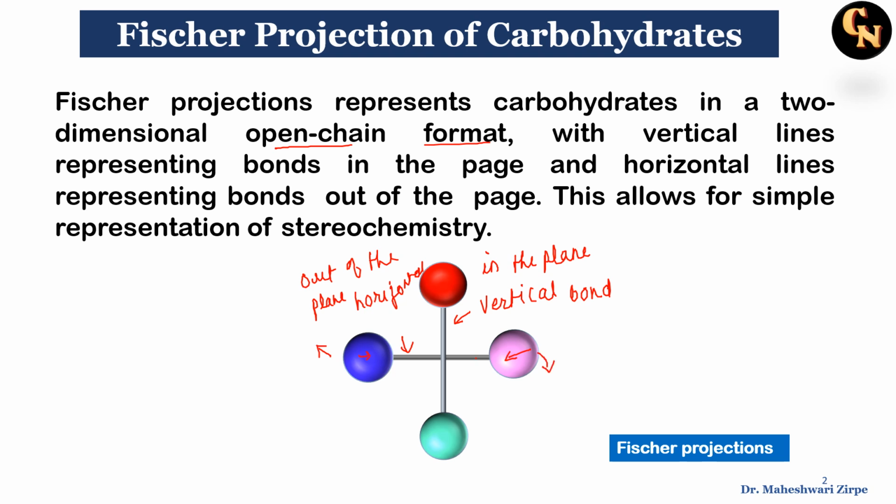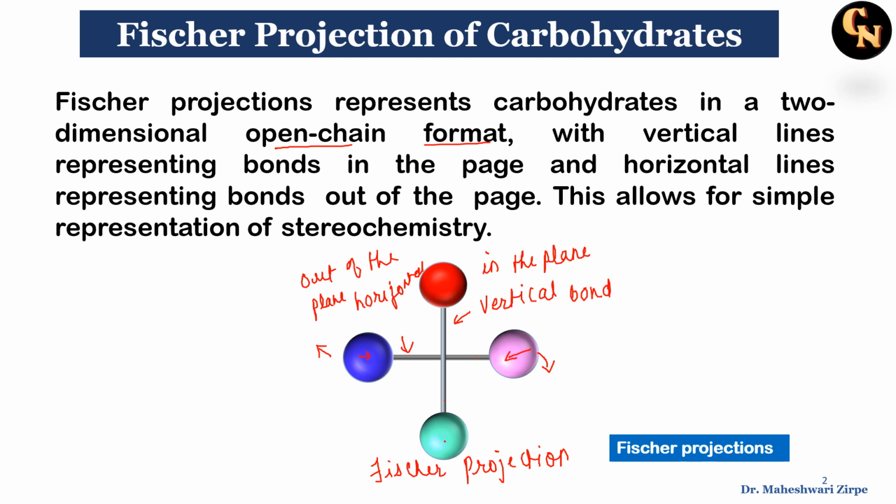Whereas these three, the red ball, your bond and the green ball, will all be in the plane of the paper. This projection is known as Fischer projection, showing you a two-dimensional structure.